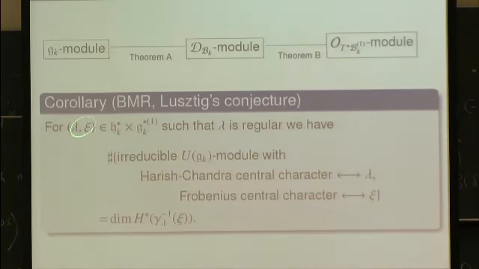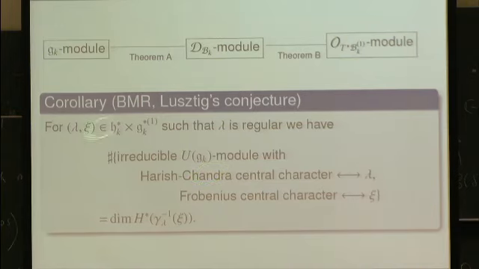So lambda and Xi. Lambda is roughly the parameter for the character of the Harish-Chandra center of the enveloping algebra, and Xi is the character of the Frobenius center of the enveloping algebra in positive characteristic.